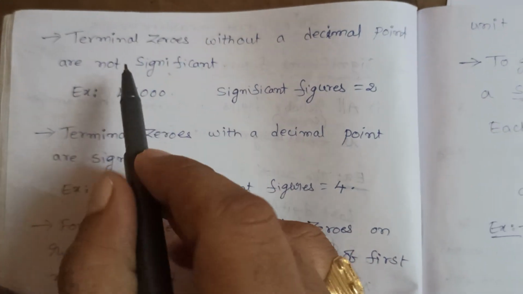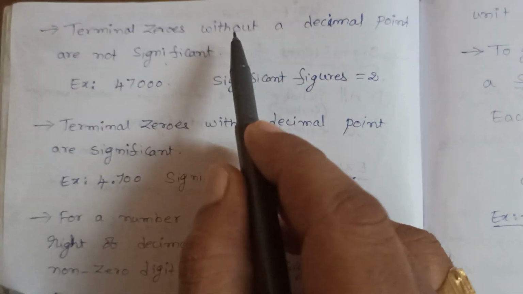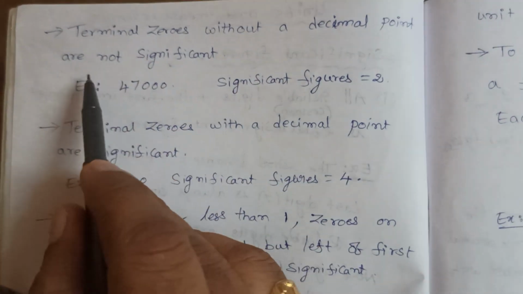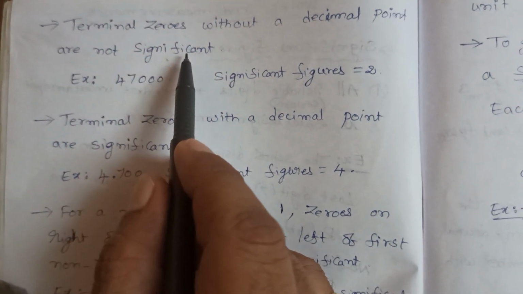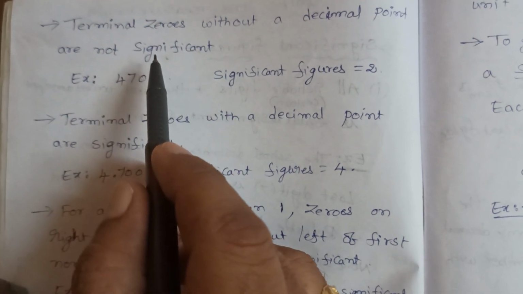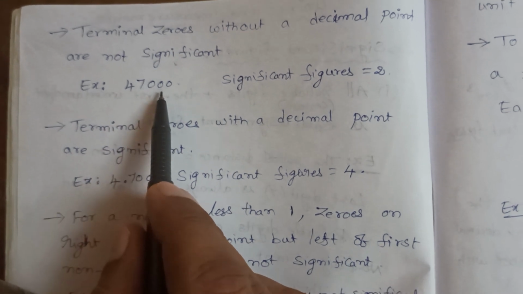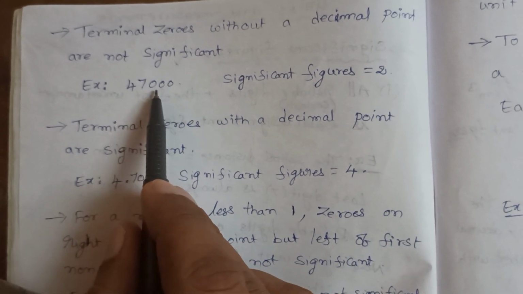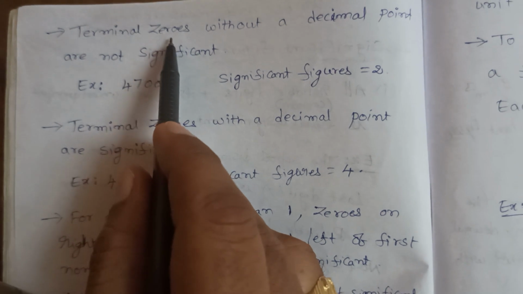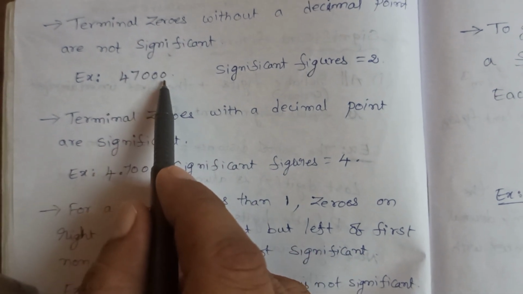Next, terminal zeros without a decimal point are not significant. In the previous example we had a decimal point. Here in this example there is no decimal point. Terminal zeros means the last zeros of the number.